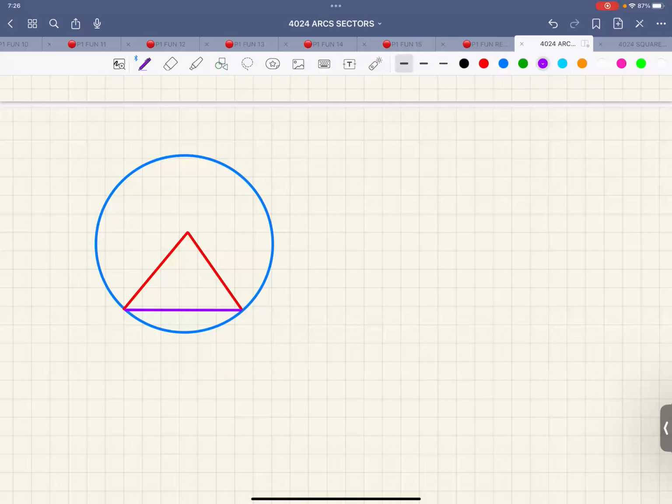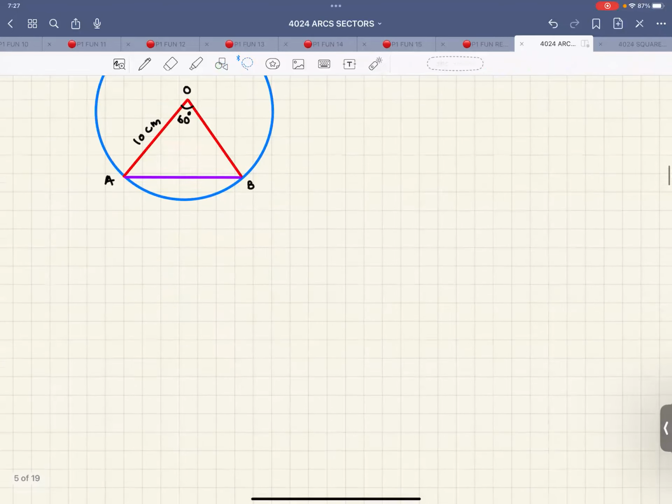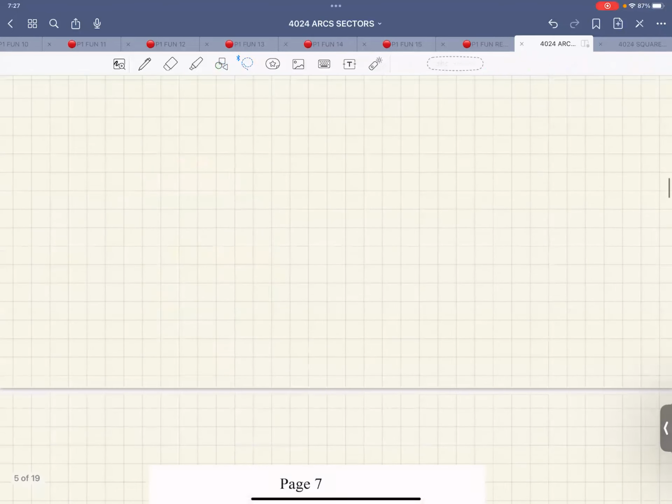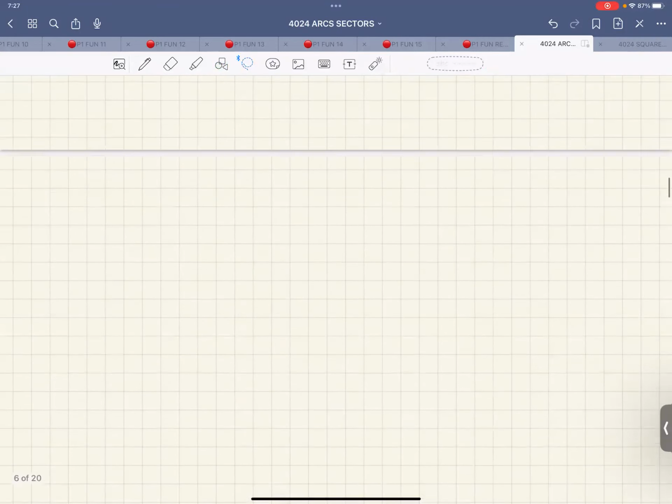So now we have O, A, B. This angle is 60 degrees. The radius is 10 centimeters. I might be needing more space, so let me copy this, move to the next page, and paste it over here.